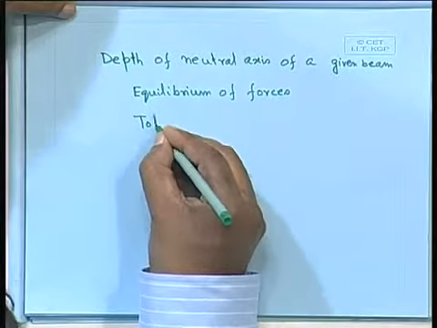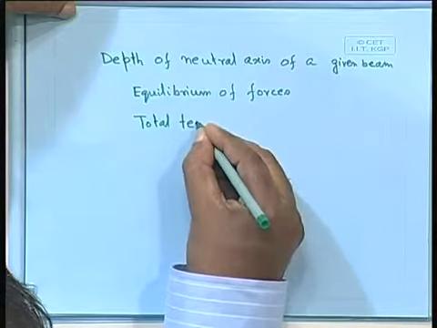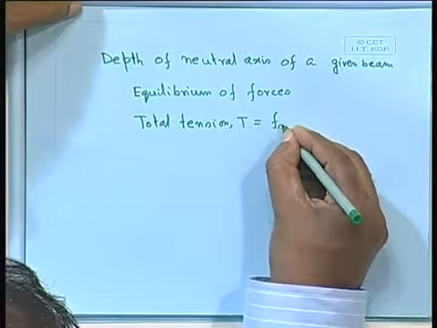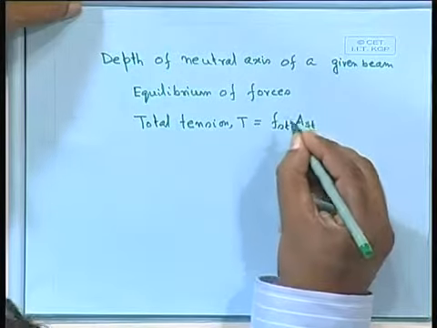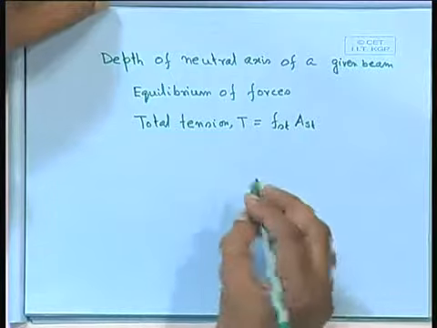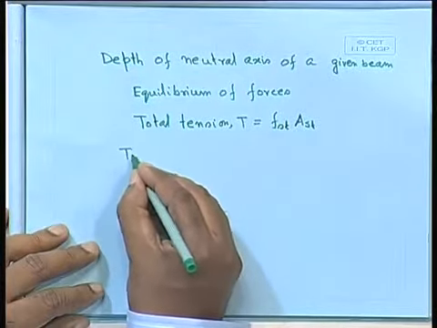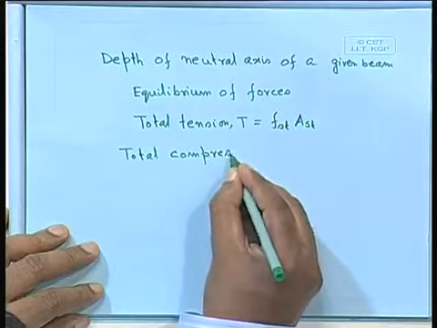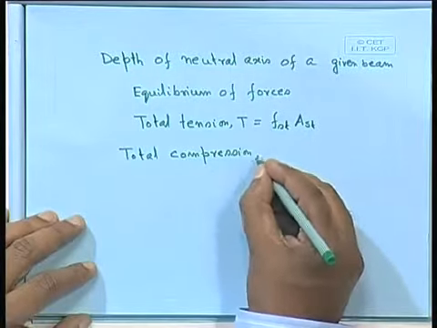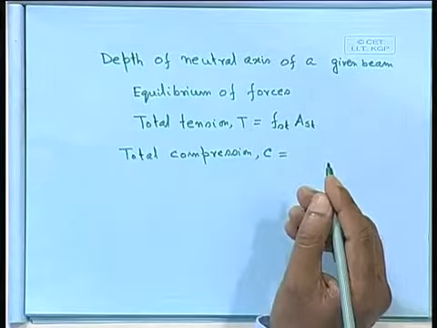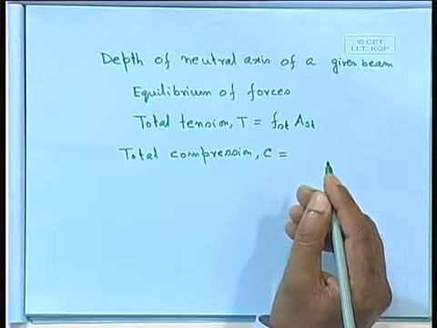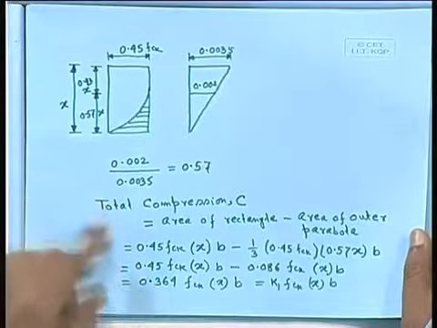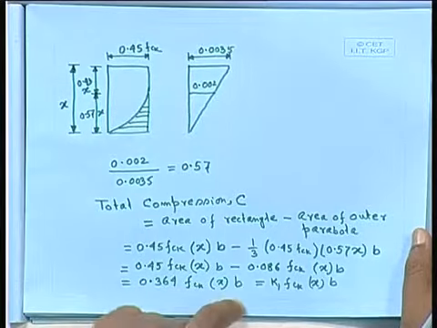Total tension T equals fst times Ast, stress times Ast, total compression C equal to total compression C equal to, we have derived here total compression C equal to 0.364 fck xb.